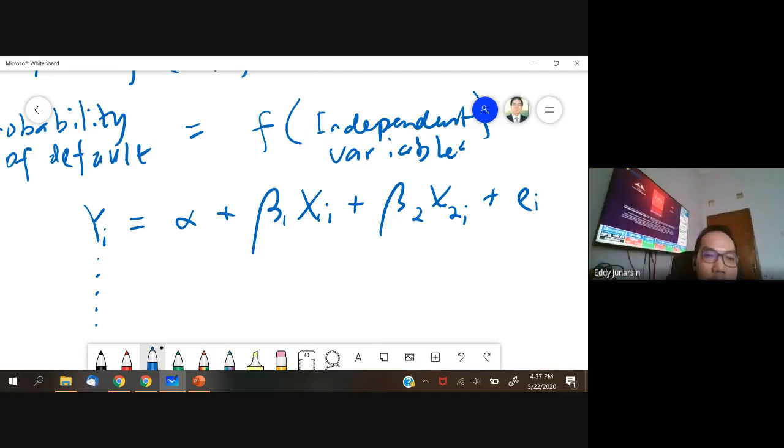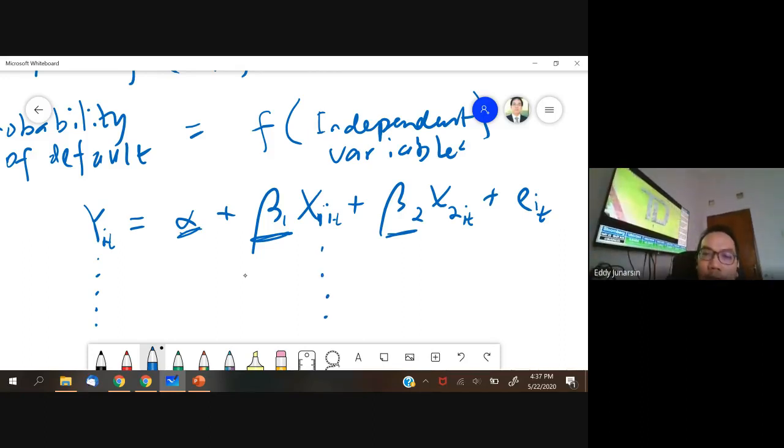This is panel data, so entity i at time t, then based on the regression we have the first variable of i at time t. So you do the regression, you'll get the alpha, beta on the first variable, beta on the second variable, beta on the third variable, and so forth.